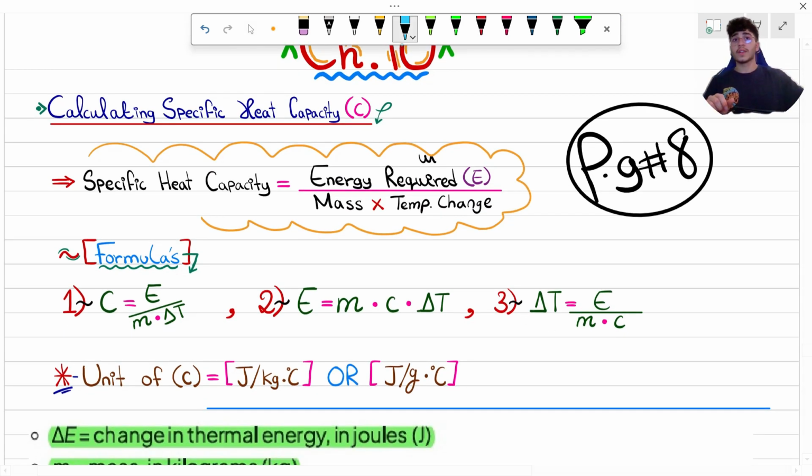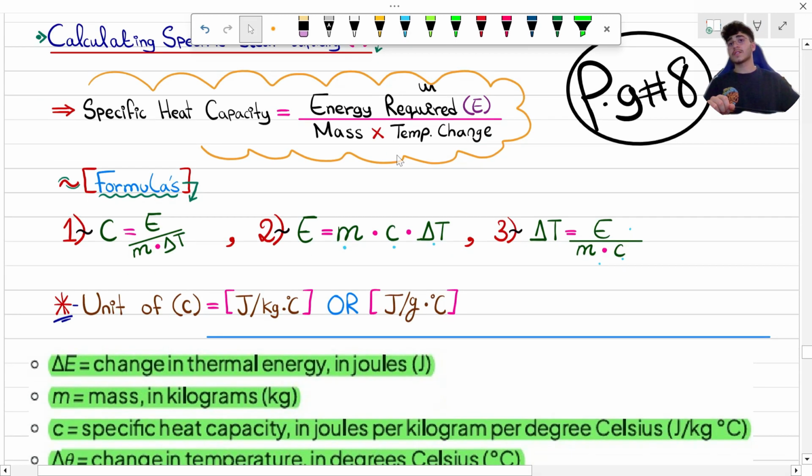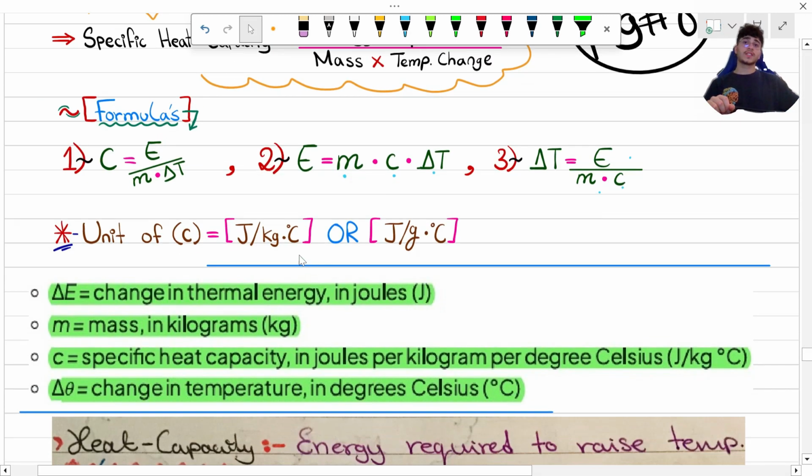So specific heat capacity, by symbol C, is equal to E over M times delta T, change in temperature. To calculate E is mass times specific heat capacity times change in temperature, and change in temperature is energy divided by mass times specific heat capacity. The unit of specific heat capacity is joule per kilogram degrees Celsius or joules per gram degrees Celsius.